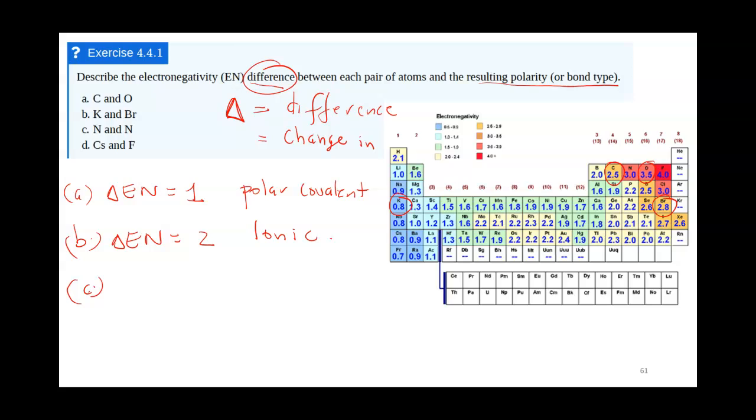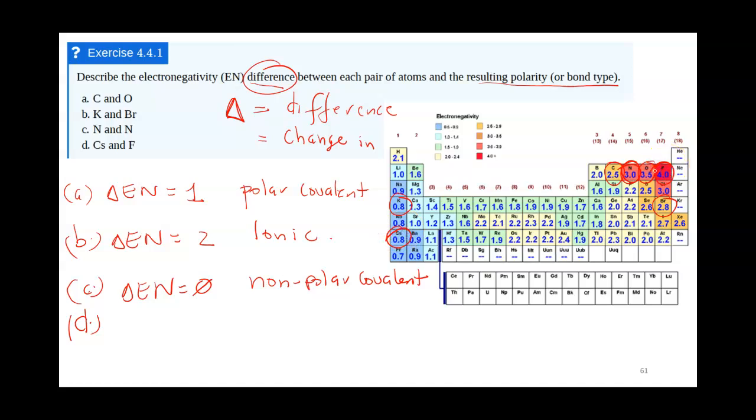Okay, so our next one is, what is the bond between two nitrogen atoms? Well, this one's easy. We don't have to think too hard. The difference in electronegativity will be equal to 0. And any bond between two identical atoms is always going to be a non-polar covalent bond. Finally, we have cesium and fluorine.